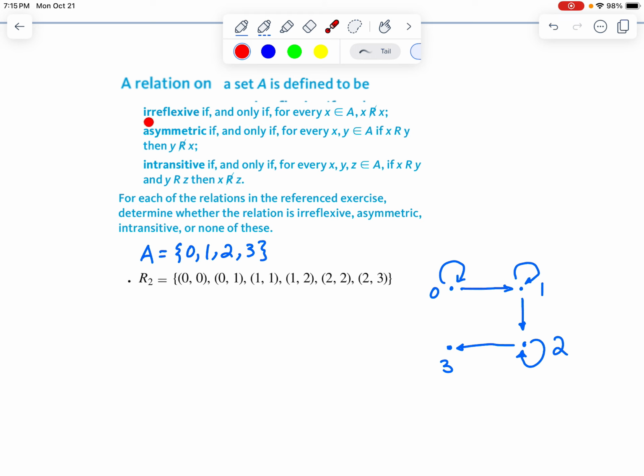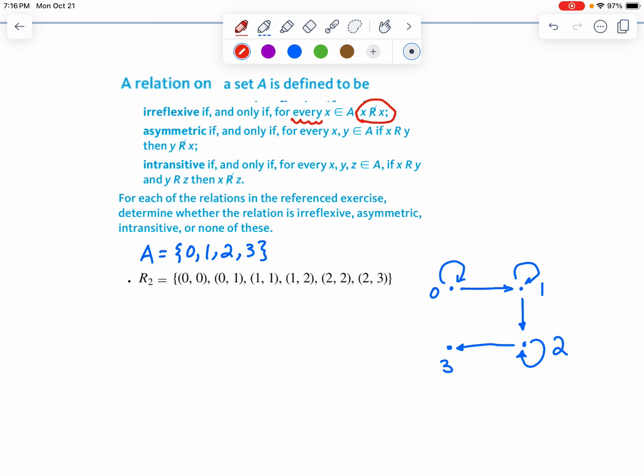So let's take a look at irreflexive. We say a relation on this set A is irreflexive if and only if for every x in A, x is not related to itself.